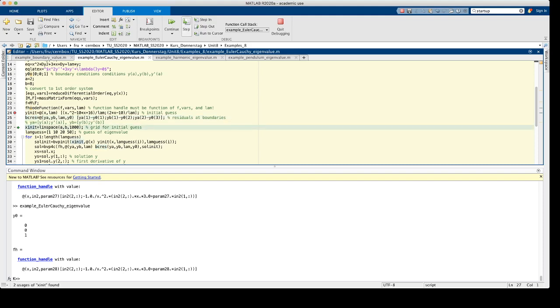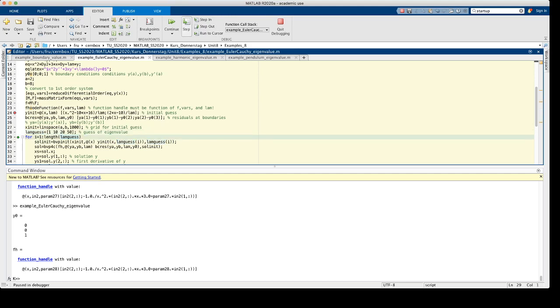So we continue now by defining the grid for the initial guess, and we have to have some initial guesses of the eigenvalues. I've chosen 1, 10, 20, and 50 just for the purpose of demonstration. So let's see what we obtain.